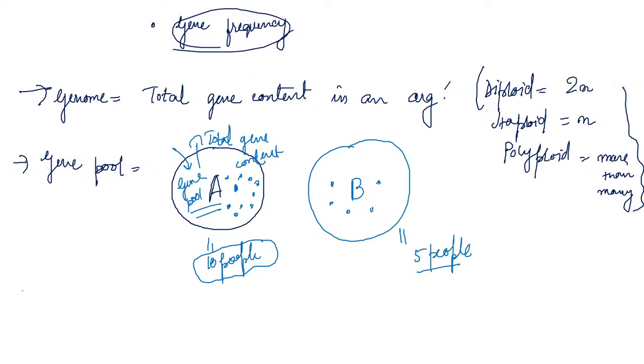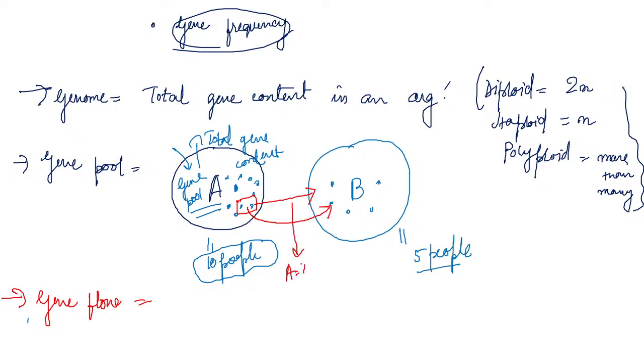Now gene flow. Many times what happens is that organisms tend to leave their own gene pool and visit another gene pool, right? So if the people of A visit B, say some relatives thought that it is Diwali, and two people thought that let us visit gene pool B. Now after Diwali, what will we see?